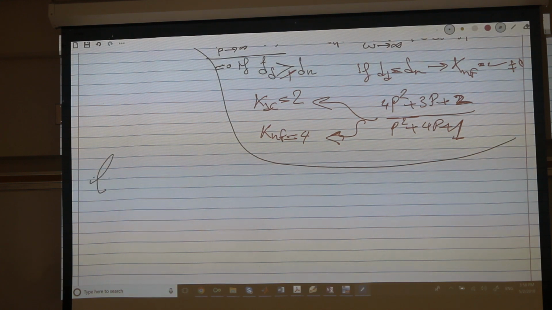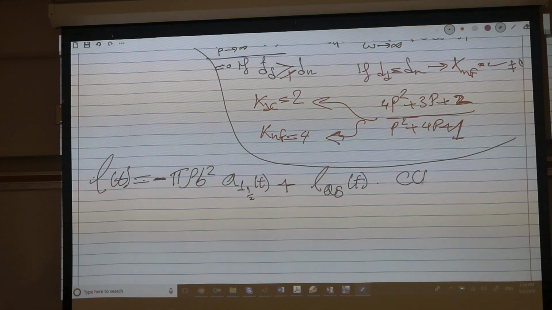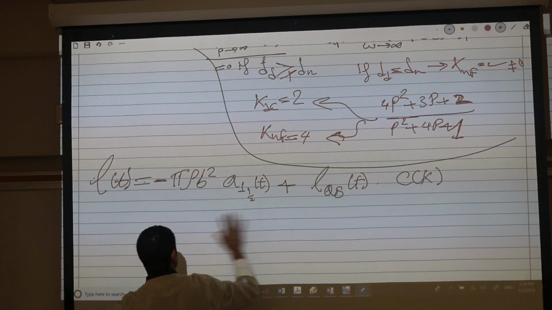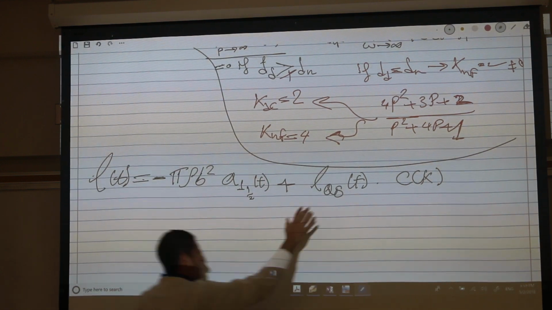That the total lift as a function of time is simply the added mass, the normal acceleration at the half chord point, plus the circulatory lift, which is the quasi-steady lift times C of k. So these are the two contributions: the non-circulatory contribution and the circulatory contribution.